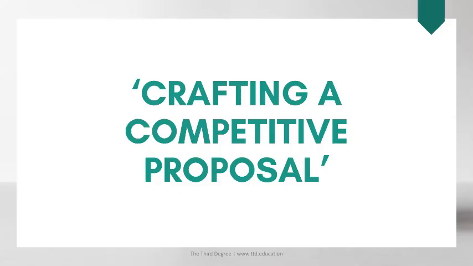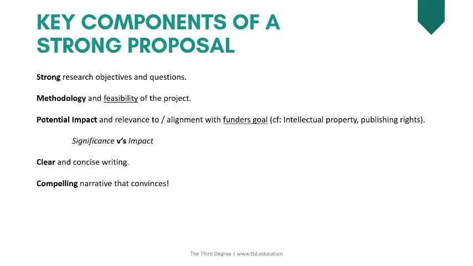This is kind of like writing a research proposal. But writing a research proposal for your doctorate is about convincing yourself and your supervisor that you can do the research. Same thing here, but now you're convincing somebody to give you money to make it happen as well.